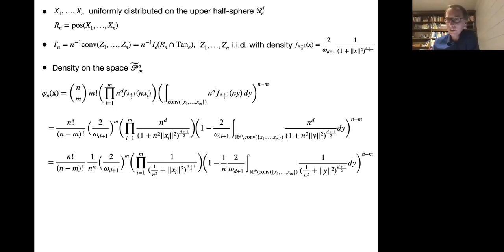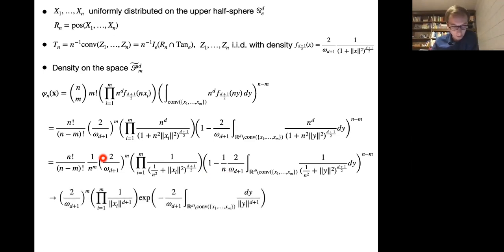And since m is constant, this converges as well, right? So this just converges to the constant that we copied. Here, the density, this m-fold product. And of course, this goes to an exponential expression, exponential minus constant times this integral. So this is the limit of these densities on the space of polytopes.